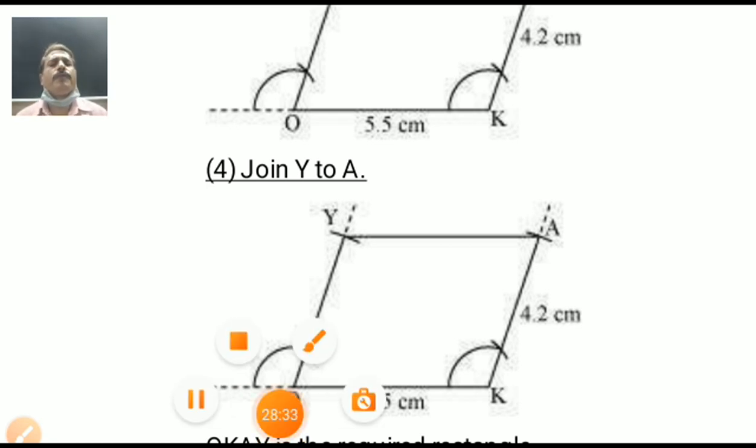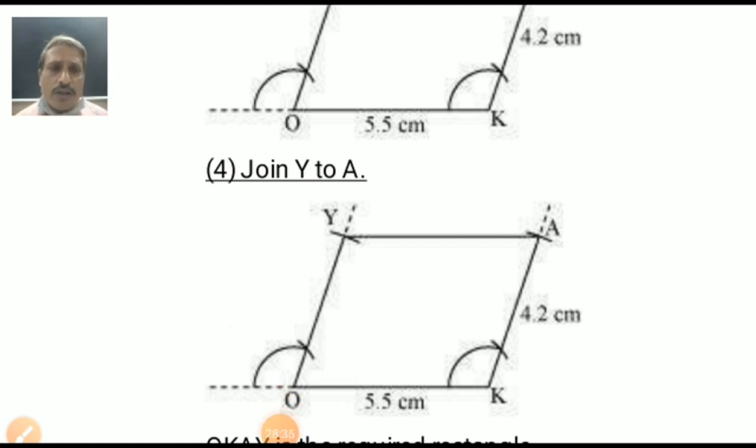I hope you understood all these differences and constructions. Why are you drawing? Because constructions give you confidence and a clear concept of a quadrilateral. What is the meaning of quadrilateral? Have you remembered, anyone?